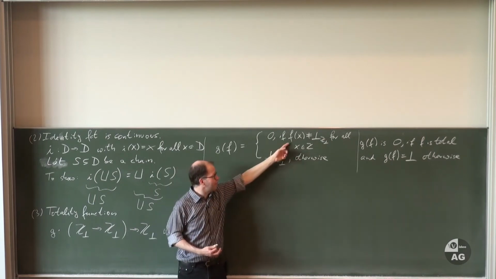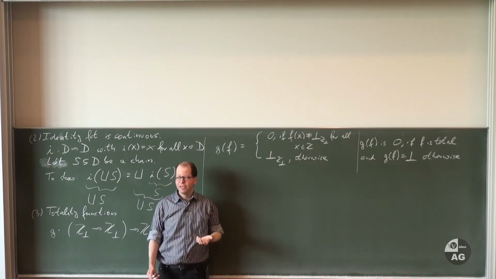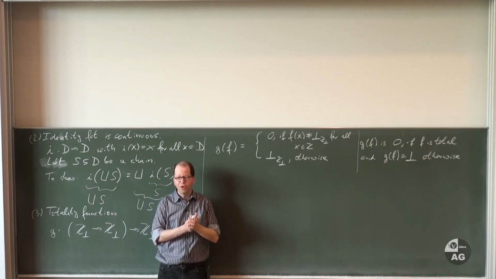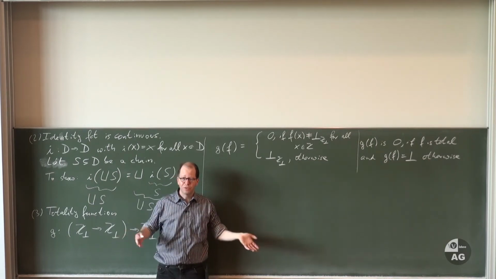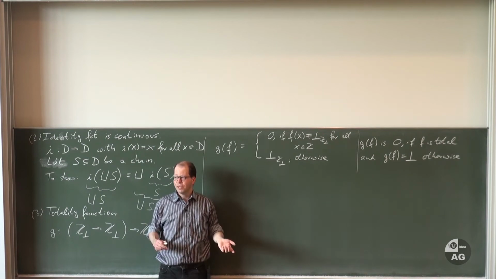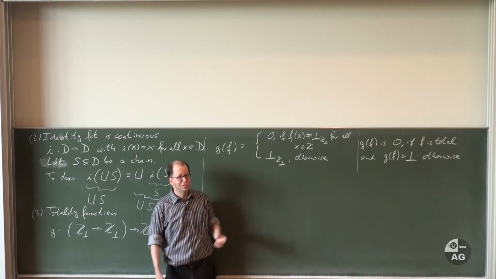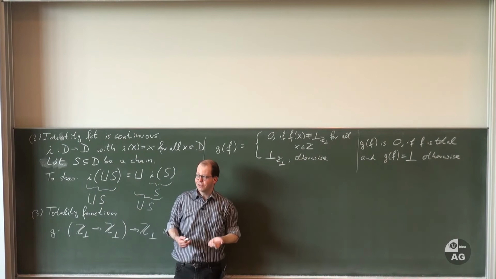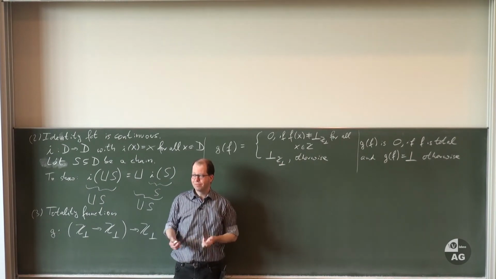We have to test f on every possible argument. And once we have tested f on all infinitely many arguments, on 0, 1, minus 1, 2, minus 2, then we can stop and return 0. But we need infinitely long to test f on every argument, so this is not really computable.